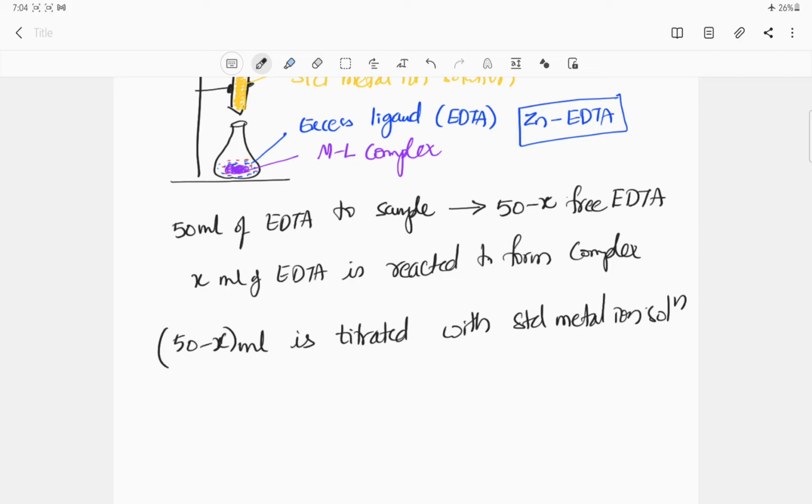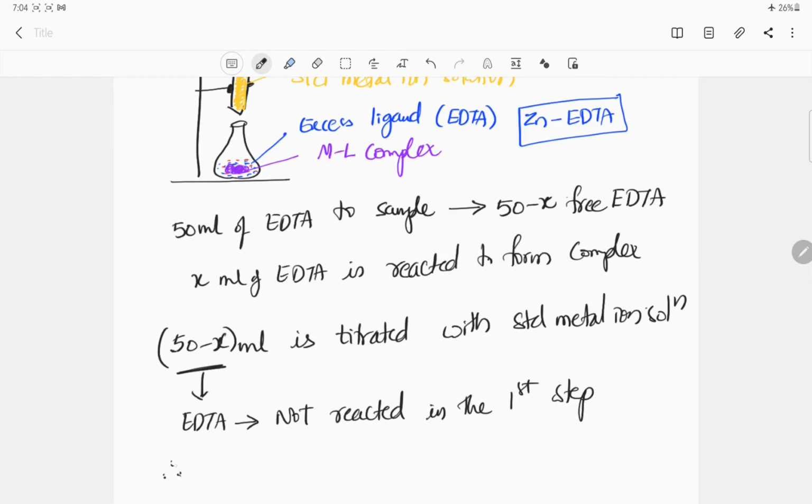That burette reading will give the information about how much quantity of EDTA is present. So this is EDTA which is not reacted in the first step.